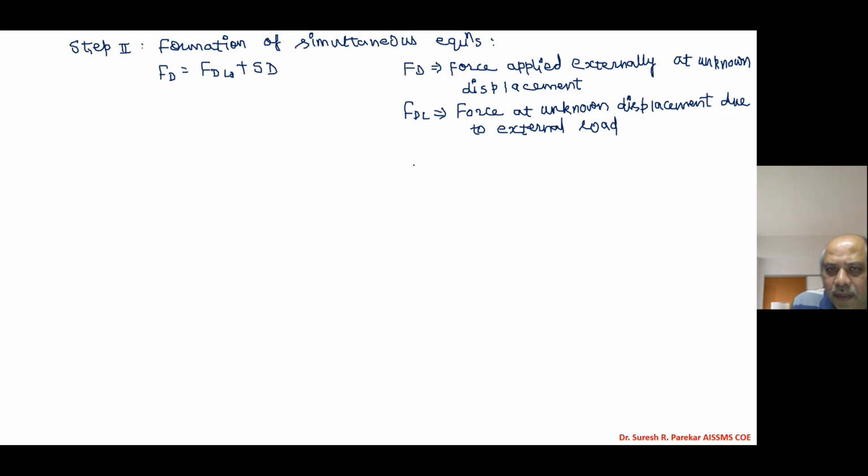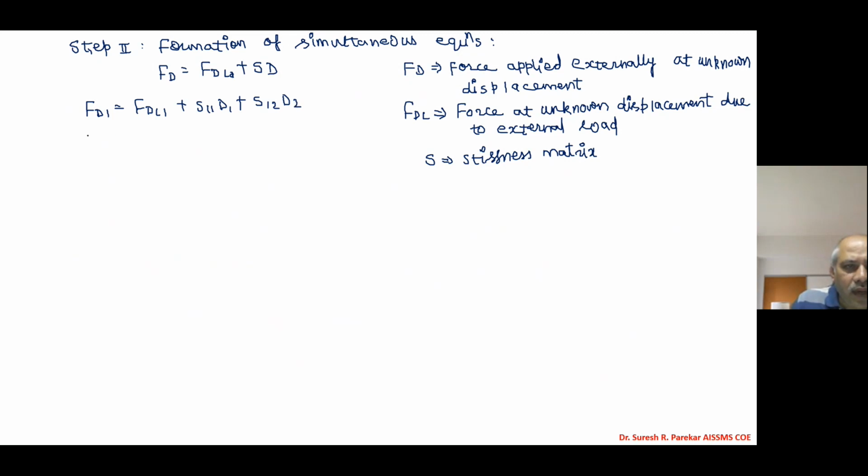S is the stiffness matrix, and D is the unknown displacements. So now we have 2 equations. FD1 is equal to FDL1 plus S11 D1 plus S12 D2.